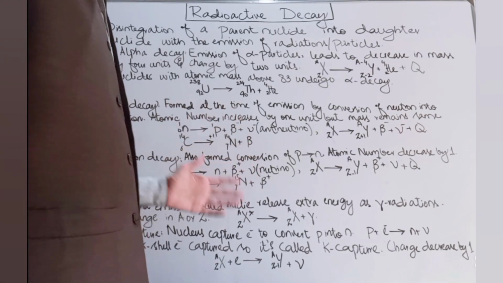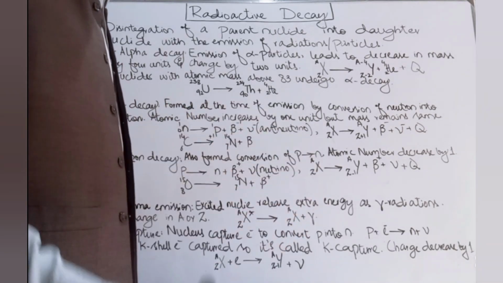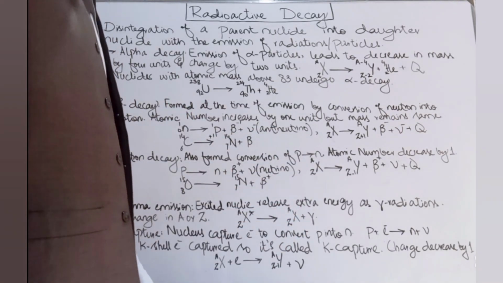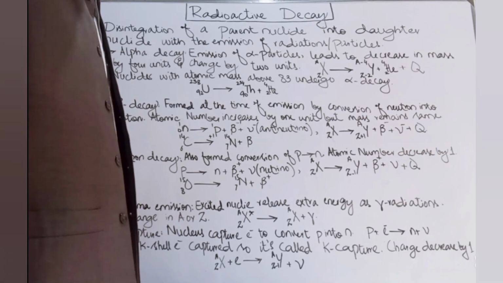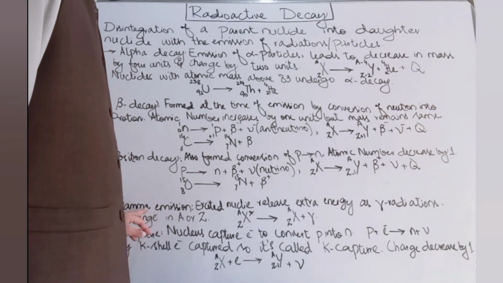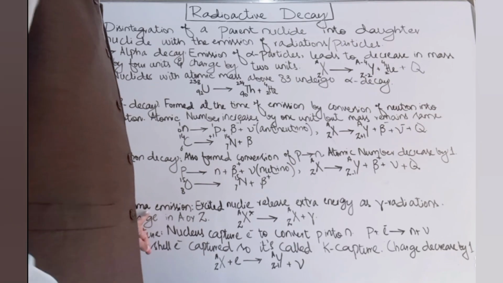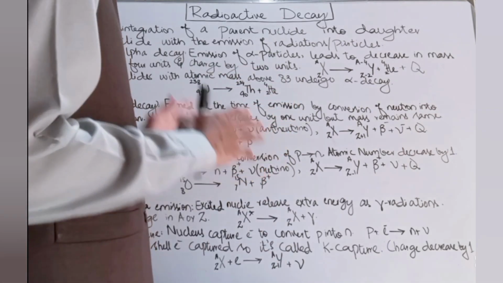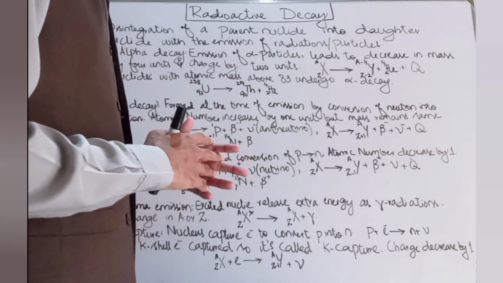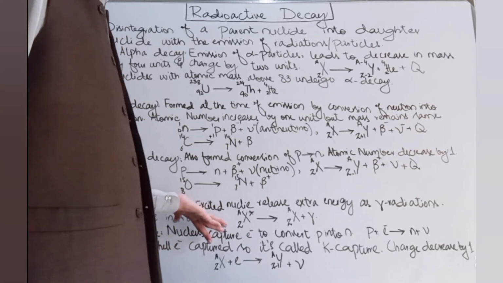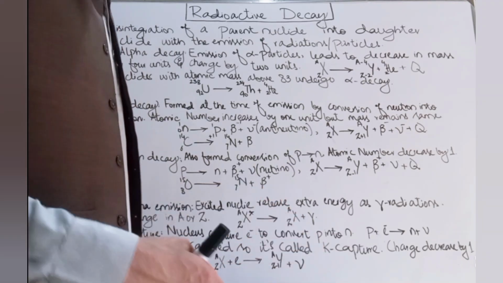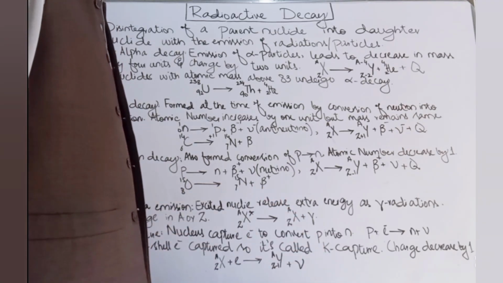They go to the ground state by releasing their extra energy in the form of electromagnetic radiations, the gamma radiations. Because the gamma rays have no charge and no mass, there is no change in the atomic mass and atomic number of the nuclei. The only change is that the nuclei become stable as a result of the gamma emission.